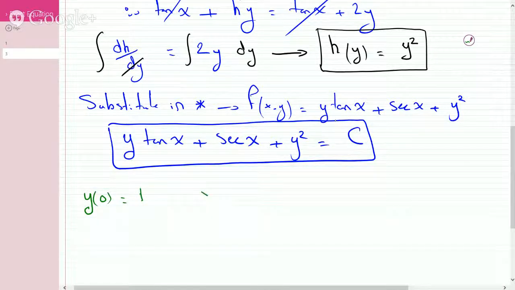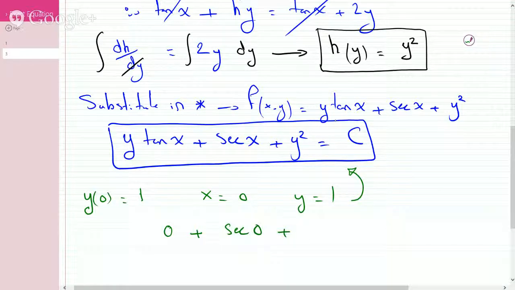So that means when x equals 0, y equals 1. So we plug it in, and we get tan 0 is 0, so 0. Secant 0 is 1, plus 1 equals c. So c will equal 2, because this guy is 1.